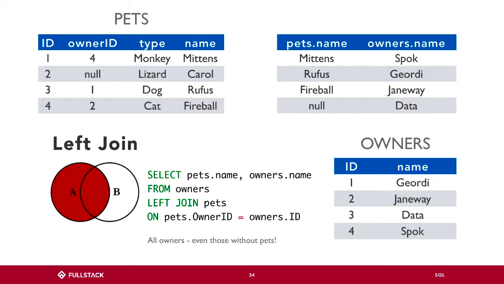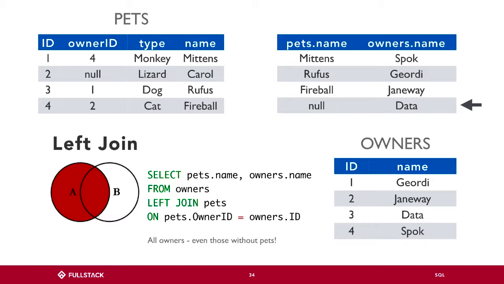The result will be a null value here. This would allow you to do things like find the owners that don't have any pets. But anything you can do with a left join, you can also do with a right join as well.